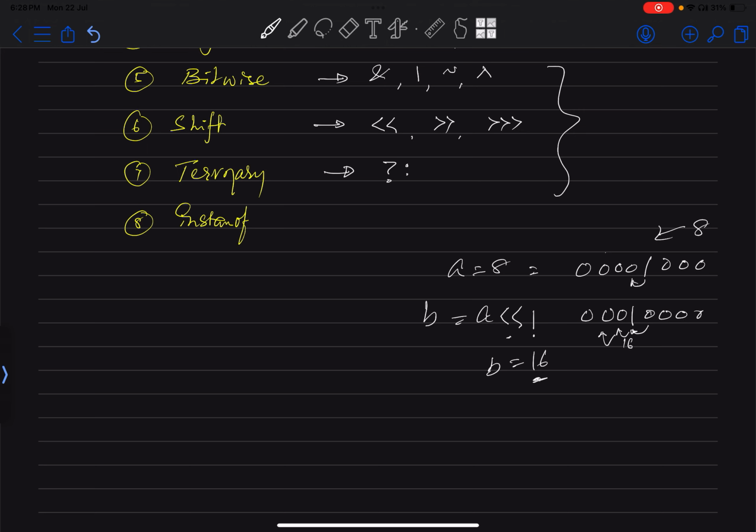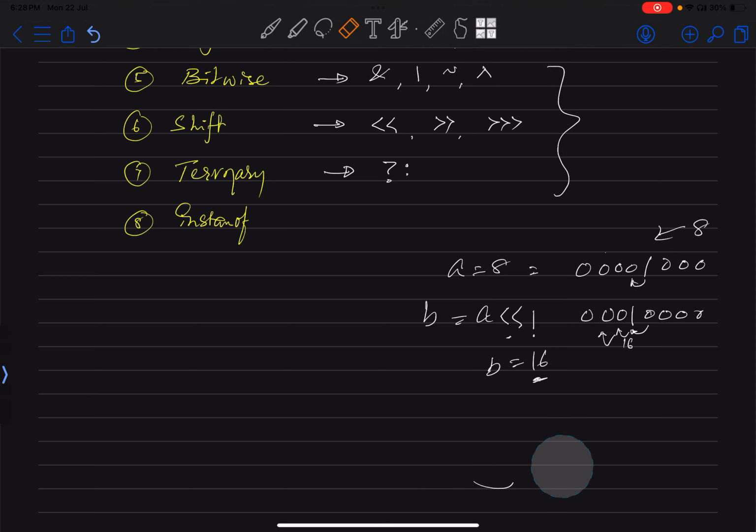And this is the fastest way to multiply a number by 2 because it is just manipulation of bits. If I perform B equal to A into 2, the system has to read the value of A, perform the multiplication by 2, and then write it back to B. Whereas if I use the shift operators, the value of A is simply shifted and that output is stored in B. So this is a faster action.